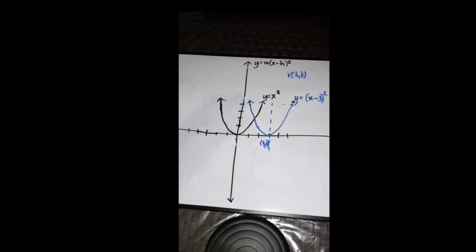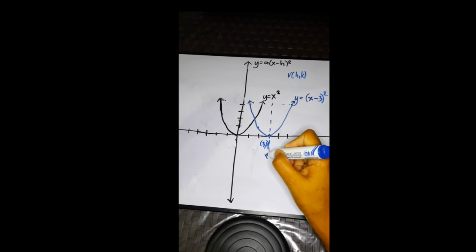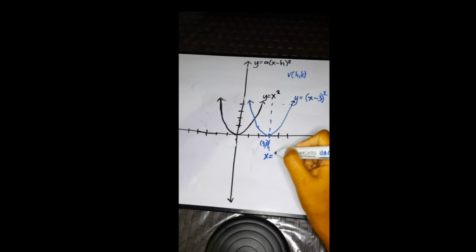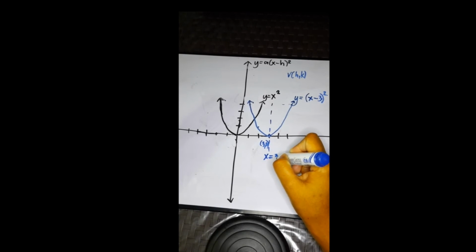However, there is already a change in the equation of the axis of symmetry. Since sabi nga natin, the axis of symmetry is a vertical line that divides the parabola into two equal parts, or it is the line that passes through the vertex. So, ibig sabihin, yung axis of symmetry natin is now equal to 3.